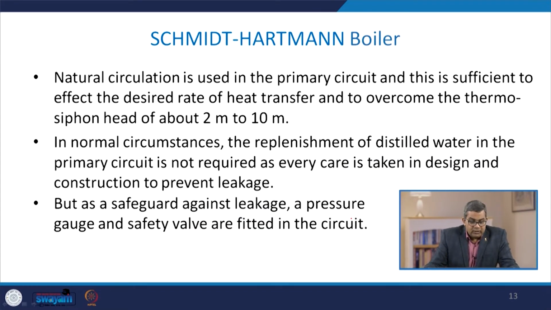Now, natural circulation is used in the primary circuit, and this is sufficient to effect the desired rate of heat transfer and to overcome the thermal siphon head of about 2 meters to 10 meters. Again, in this aspect the optimization usually occurs.